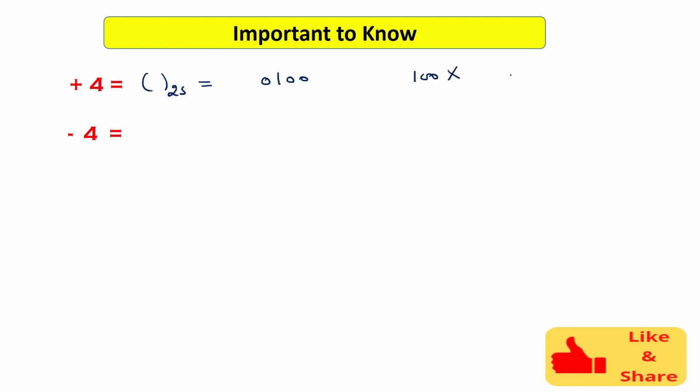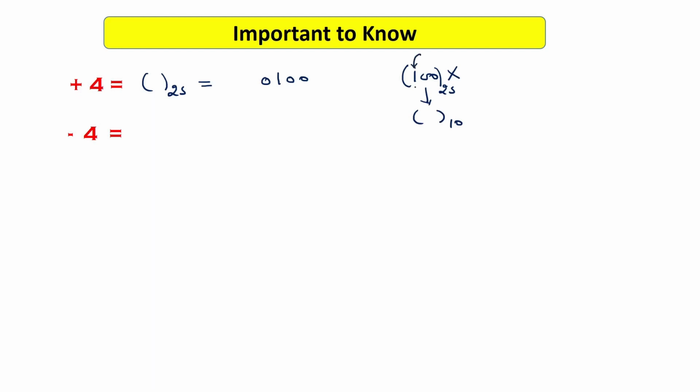Why? For example, if you write 1 0 0 and somebody asks you that this is a 2's complement representation, tell me what the decimal number is. As we have seen, if the MSB is 1 in 2's complement, that means the number will be negative. To get the magnitude, what are the steps? You just flip the bits. If you flip, you get 0 1 1, and then add 1.